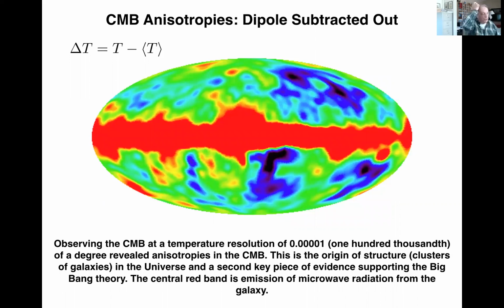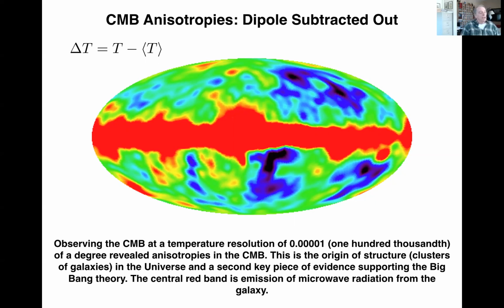This was the other mission of the COBE satellite, to see if they could detect any structure in the CMB once you subtracted out the uniform part and the dipole part, anything left over. And apparently there is.